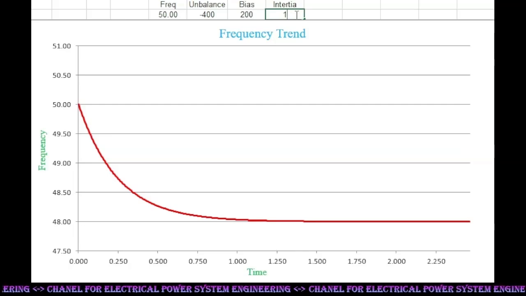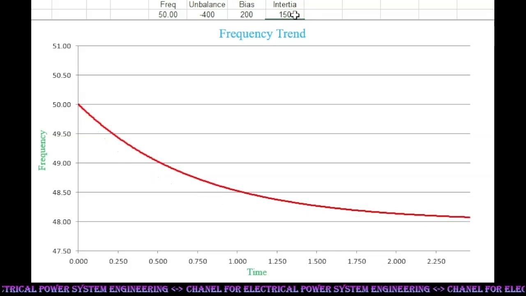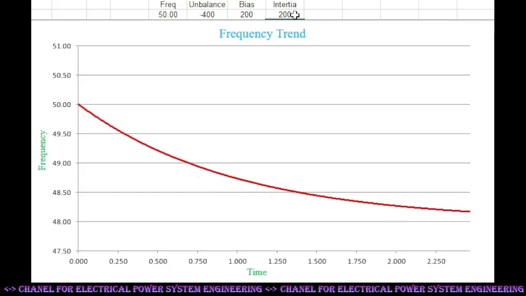Therefore, the power system is more stable and safe with large system bias and higher inertia. Frequency variation may be smaller and slower, which allows time for corrective actions.